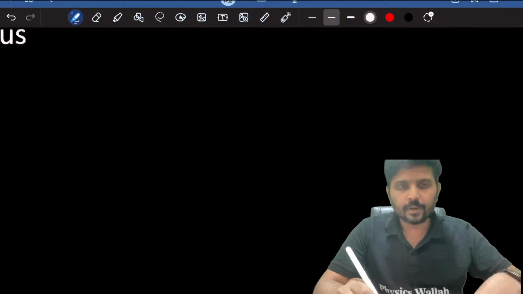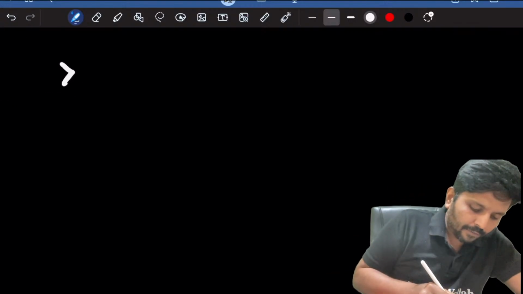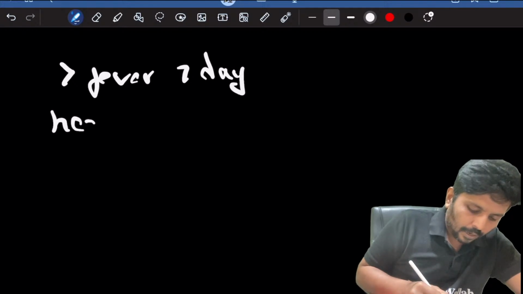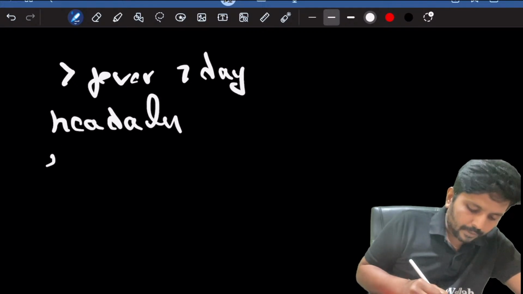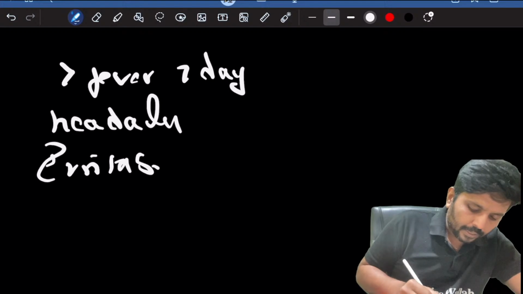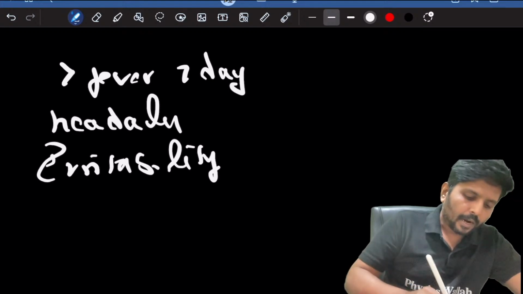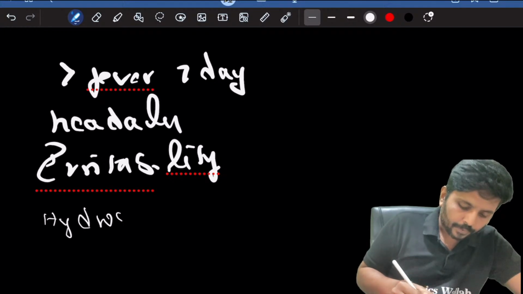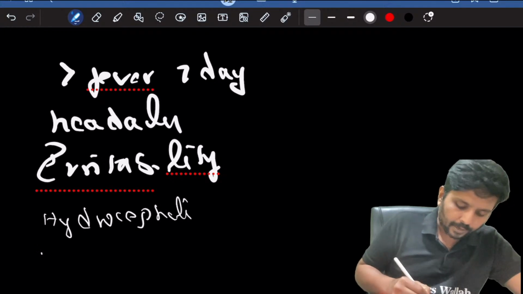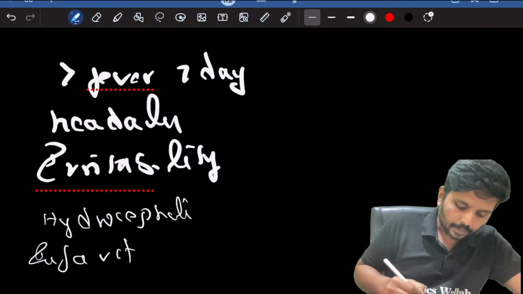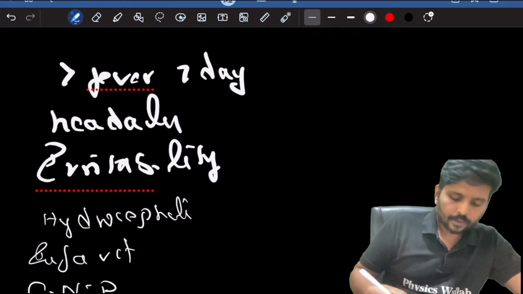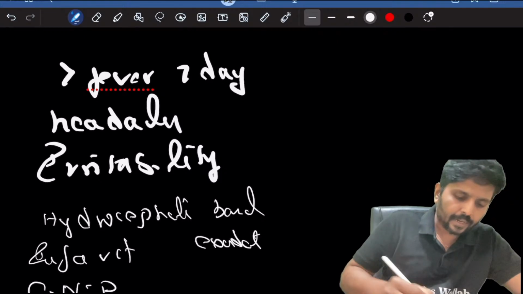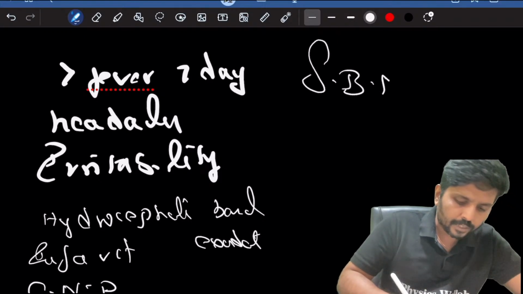It's very, very simple. Look here, my dear friends. When you have a fever of more than 7 days, along with headache, along with irritability, and if you have findings such as hydrocephalus, infarct, cranial nerve palsy, or basal exudate, you are dealing with a case of tuberculous meningitis.